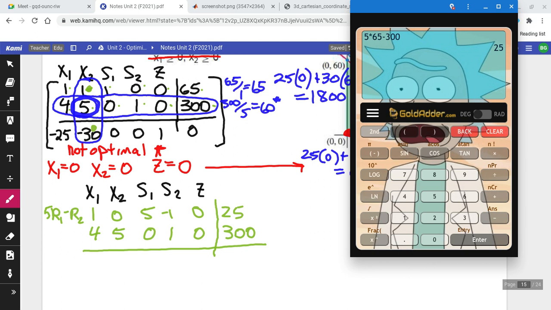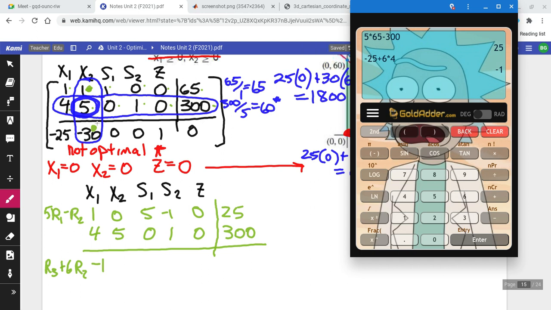We did need to change the bottom one. We're looking at the negative 30, and we have to change that using the 5. So I think the best thing to do is to say row 3 plus 6 row 2s. That'll be negative 30 plus 30 is 0. So do that all the way across. All right. I've got negative 25 plus 6 of the 4s. So negative 25 plus 6 of the 4s is negative 1.